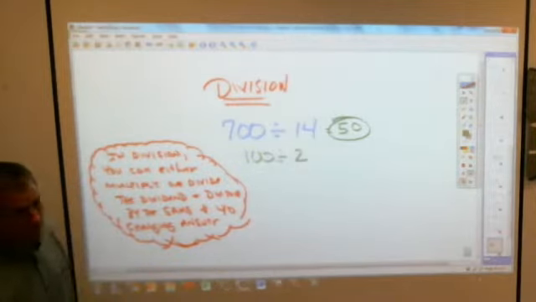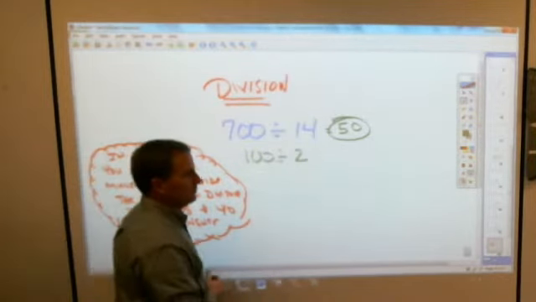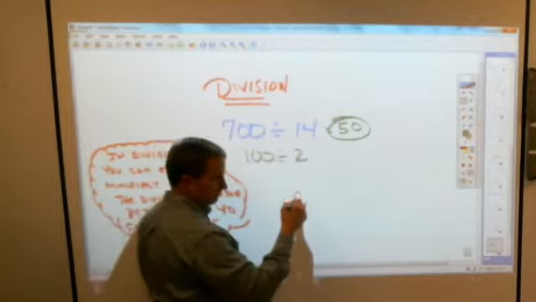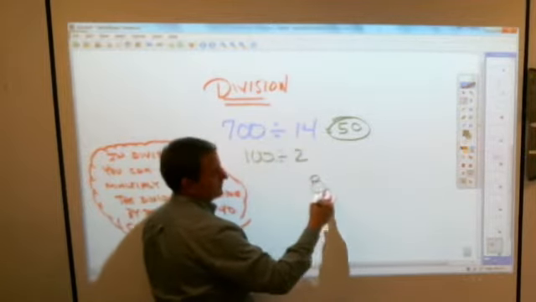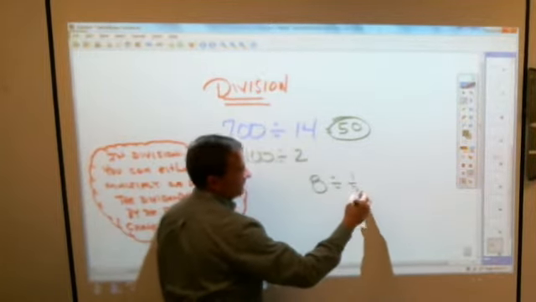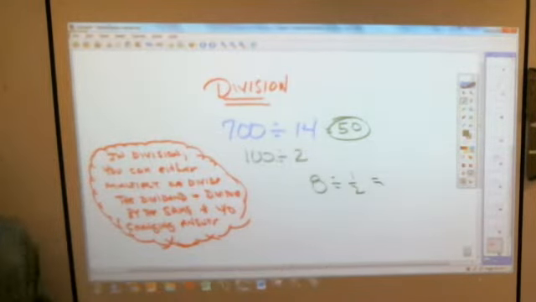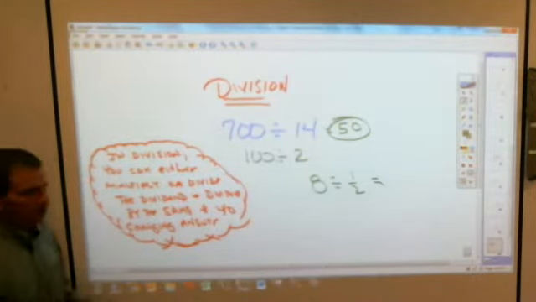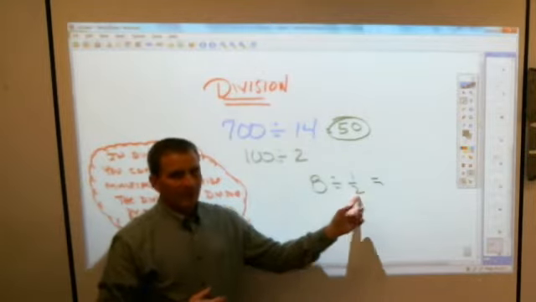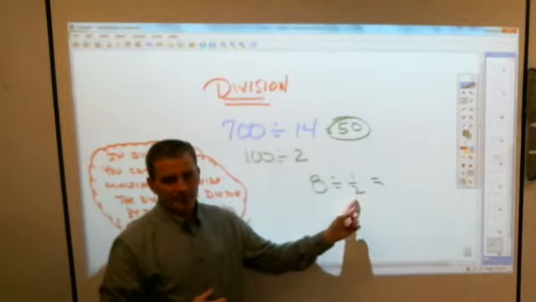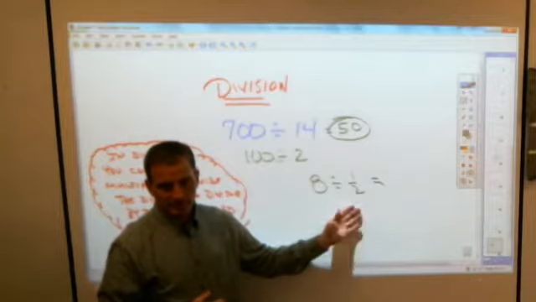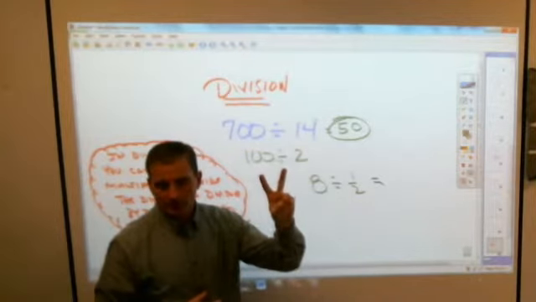The book will ask you to do this. Another example would be this: 8 divided by 1/2. Now you might know what it is, you may not know what it is, but I can tell you it's probably easier to get rid of a half. What can I multiply a half by to get rid of it? If you have 2 halves, you get what?